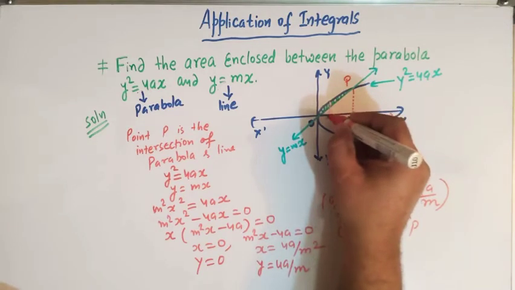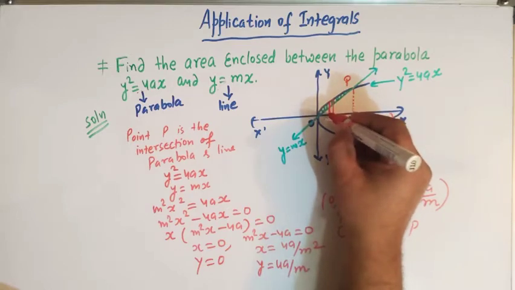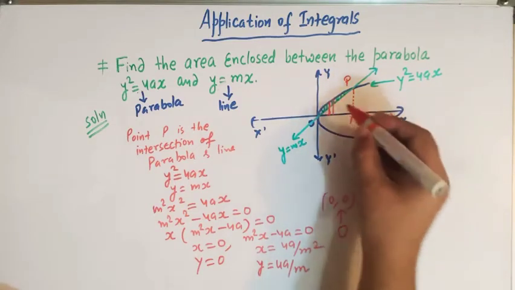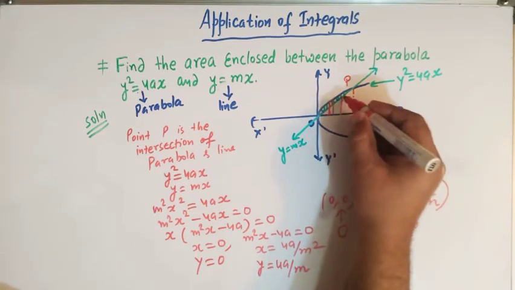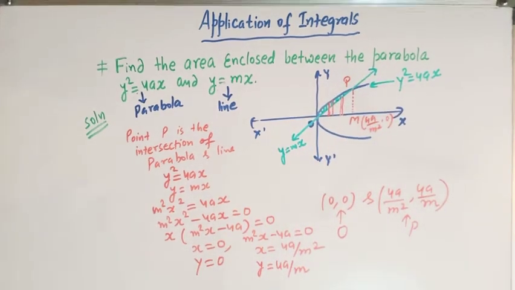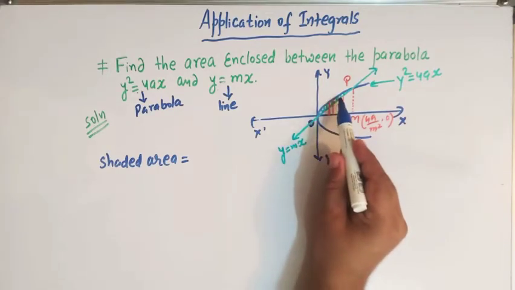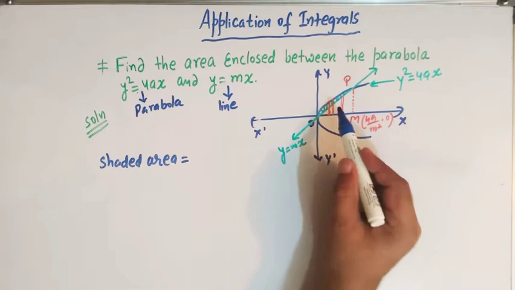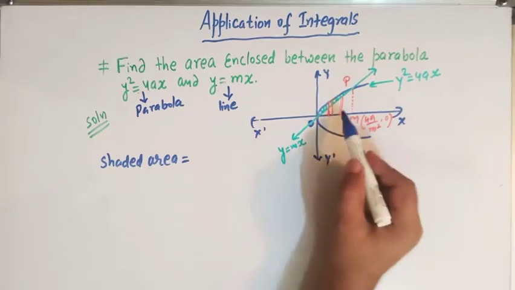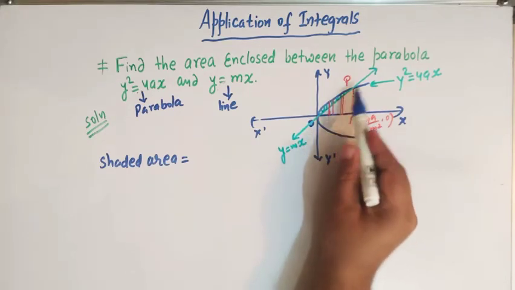So the first strip touches the parabola, and the second strip touches the line, right? Now see, we have to find this shaded area, and the first strip touches the parabola, and this is the second strip, and it touches the line.